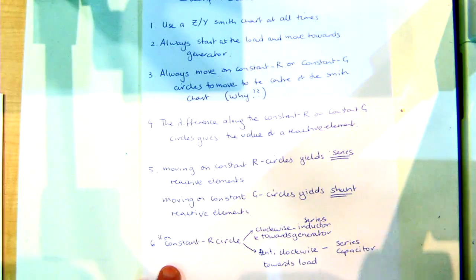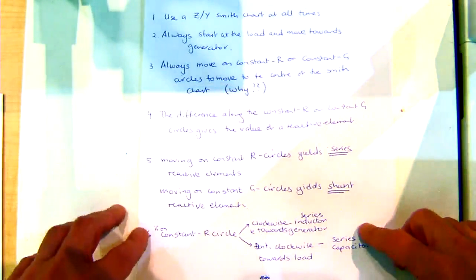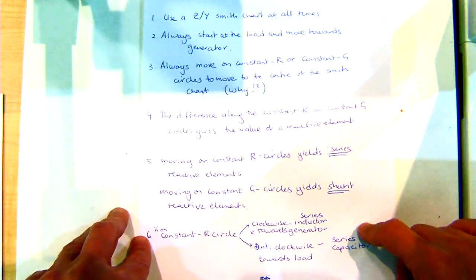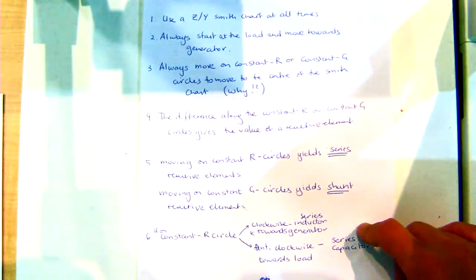It's obvious which one it is if you're in the Z chart. If you're dealing with admittances, it gets a little bit more complex and it can be confusing. That's why I put those two points down there, so that it can remind you to be aware of what you're actually doing.